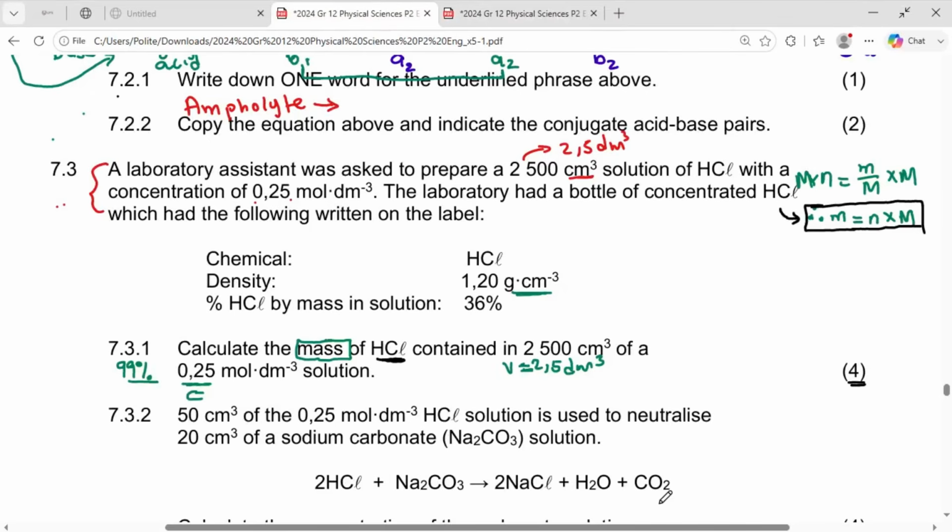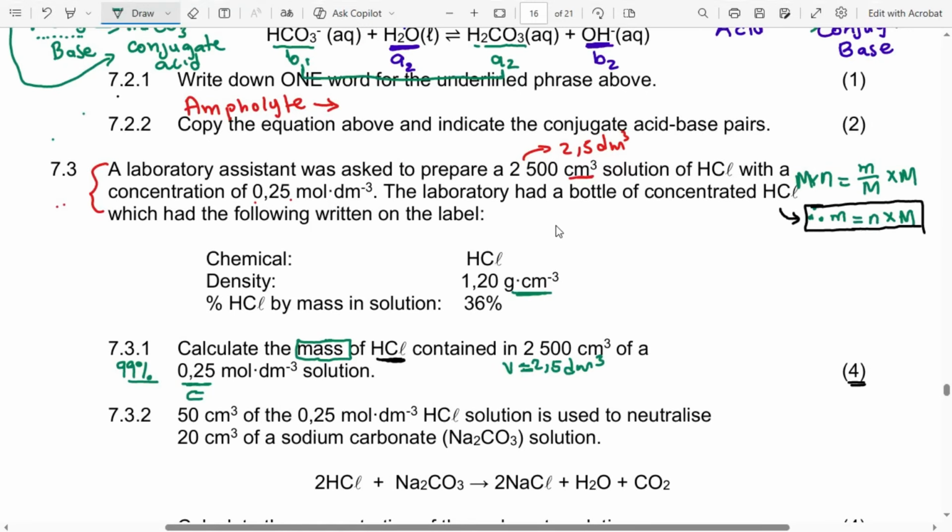Okay, let's quickly write this down. So to answer this question, the number of moles: concentration is equal to n over V. Multiply both sides by V, which gives us the number of moles as the concentration times the volume. Just substitute to find the number of moles of hydrochloric acid.